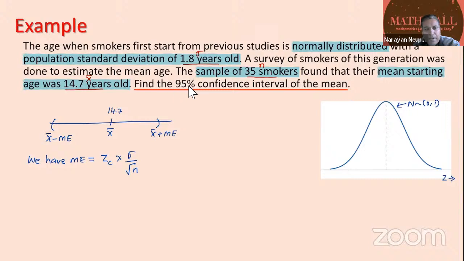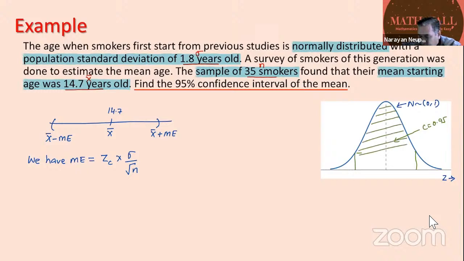And here we are talking about a 95% confidence interval. So the area that goes in the middle is the 95% area. So you can show your 95% area in the middle. So this is your c equal to 0.95. The area in the middle is 0.95.